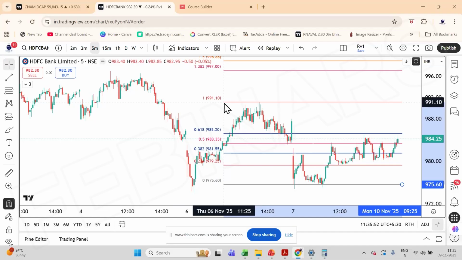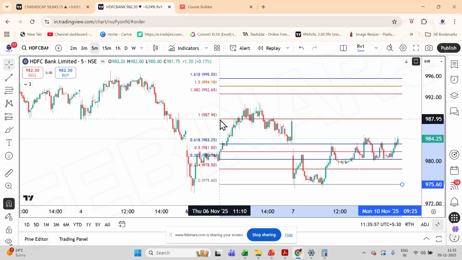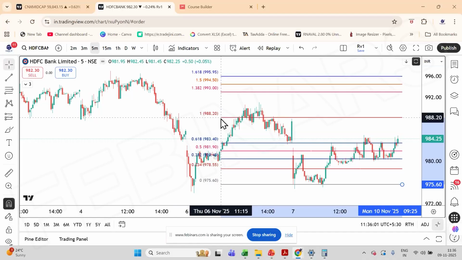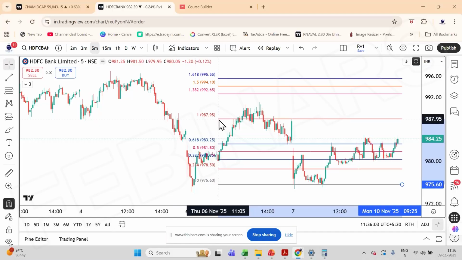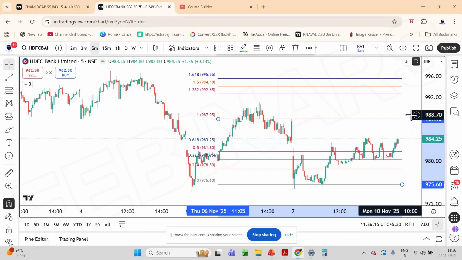Everybody wants this as a starting point, but I would choose the start of the trend here. So this is my starting point till the end point. Now we have retraced above the strength of the trend, the golden ratio. Once it breaks out, I'm going to see the 985 breaks. HDFC Bank looks good on a short term basis.